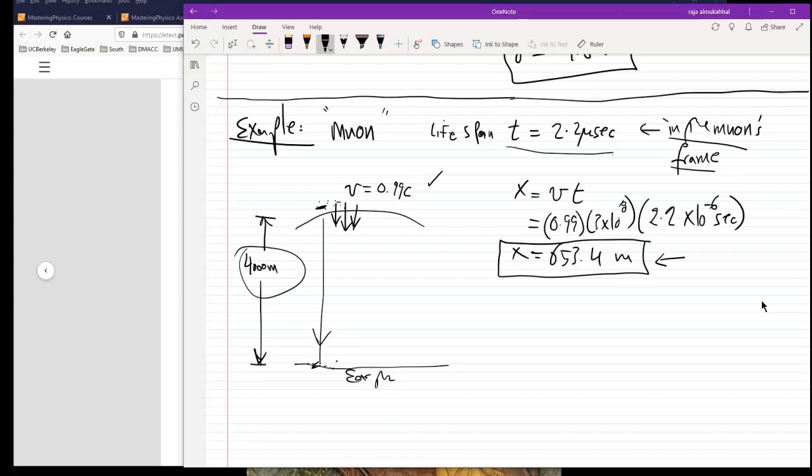If they're going to die somewhere right here, that's it. But we still see them here at the surface of the Earth. Do you see what I'm saying? Well, if we don't understand relativity, we don't have an answer to that. It's a mystery. But let's use relativity and see why the muons actually make it to the surface of the Earth. As a matter of fact, like I said, you are being bombarded by them right now.